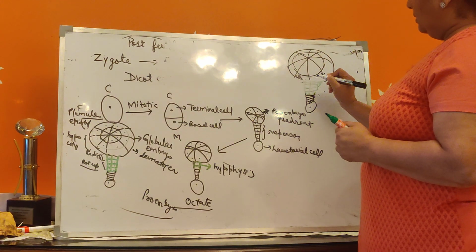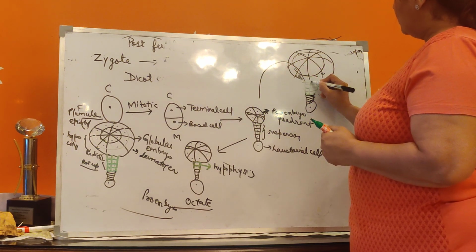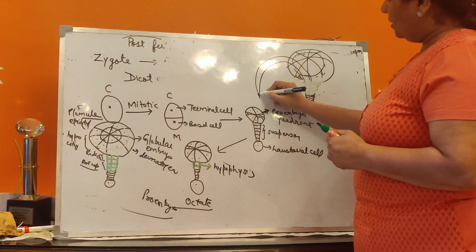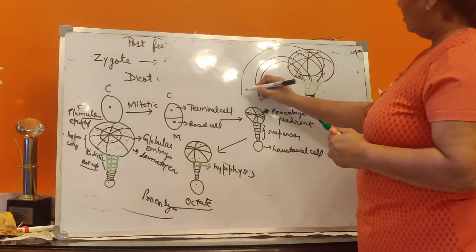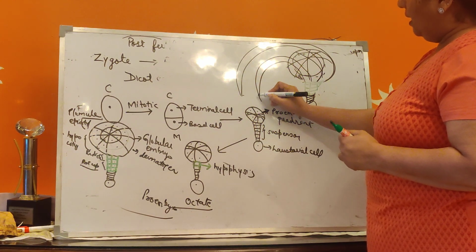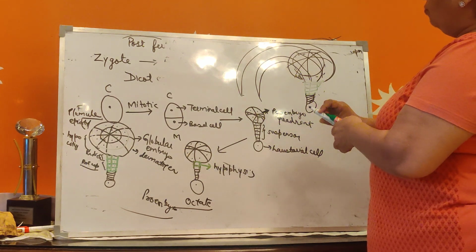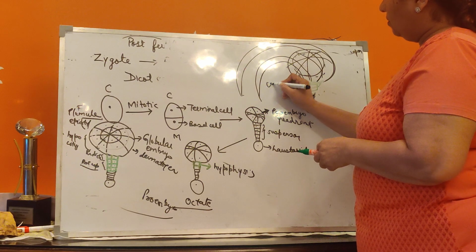Now this part forms a structure, and this part also forms a structure, and these are called what? Cotyledons.